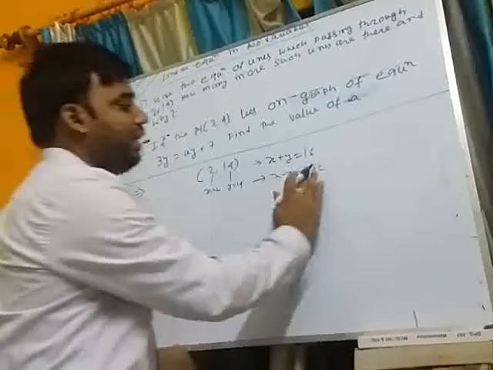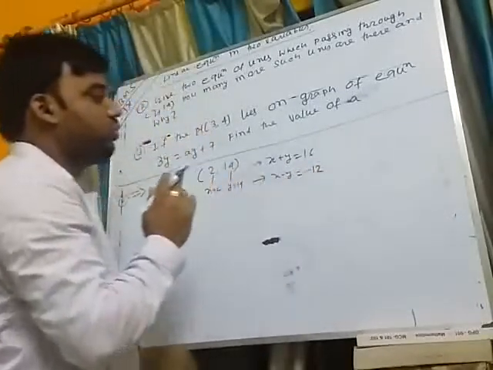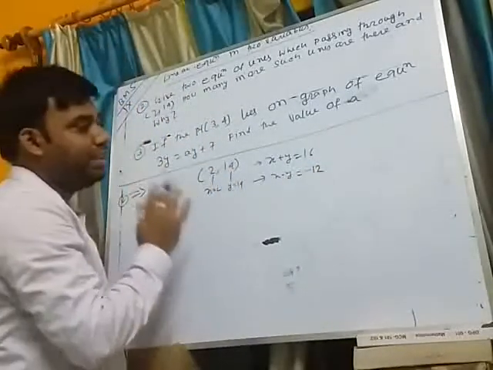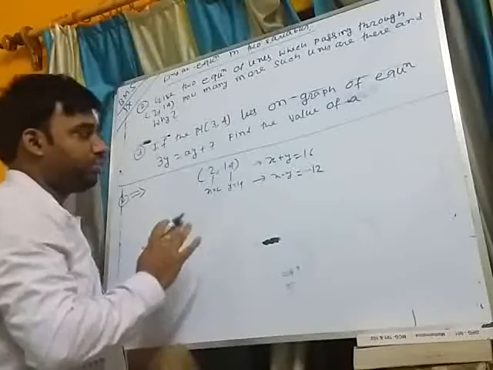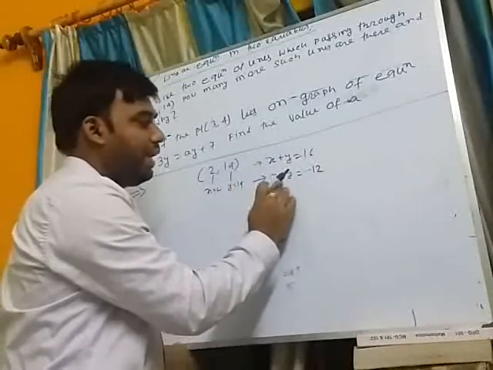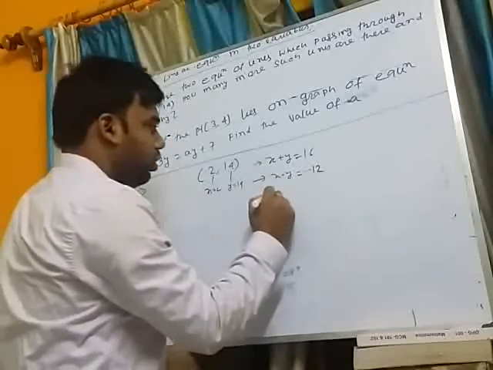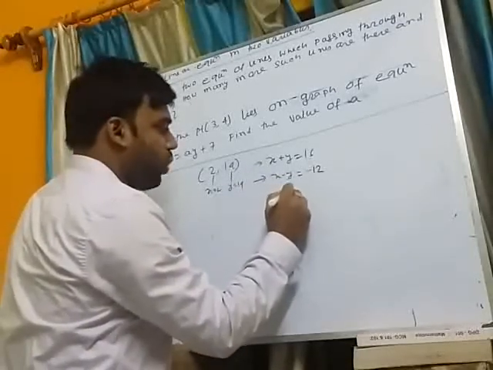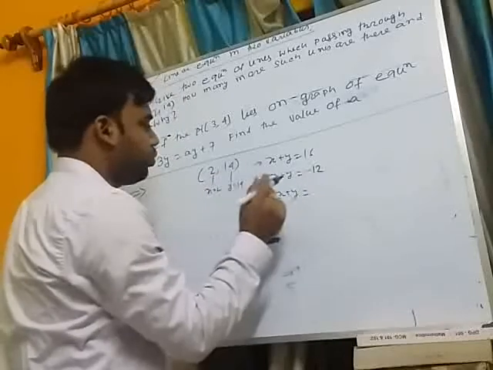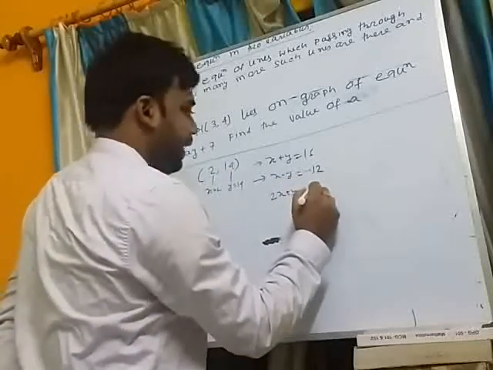I think these two line equations are the easiest. So the two lines are x plus y equal to 16 and x minus y equal to minus 12. You can take another way, that is 2x plus y, that is 2 times 2 plus 14, that is 18.